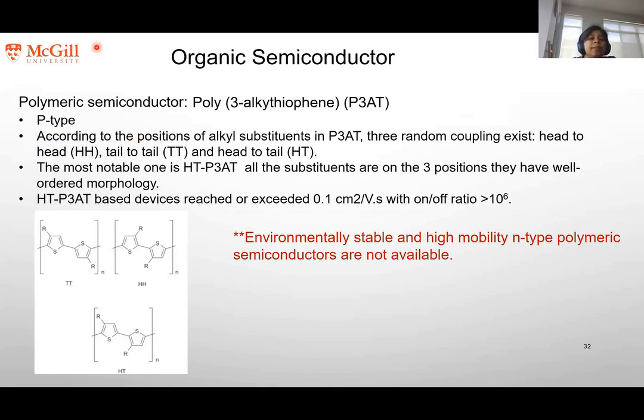Then for the polymeric semiconductor, the most common type that we can buy as an ink is P3HT. It's a p-type material, and it has an alkyl group. Depending on where the alkyl group is situated, we can get 3 different configurations for P3HT: tail-tail, head-head, and head-tail.